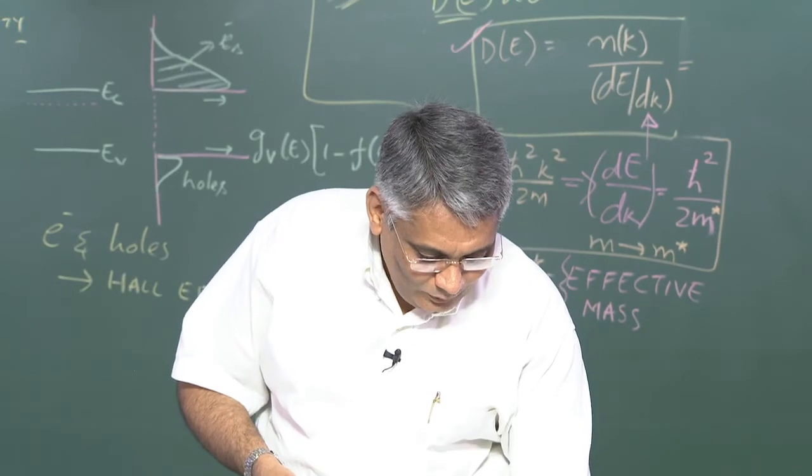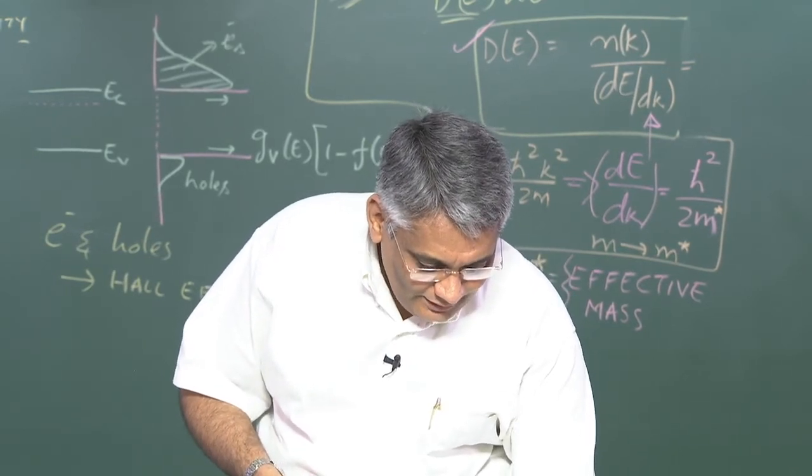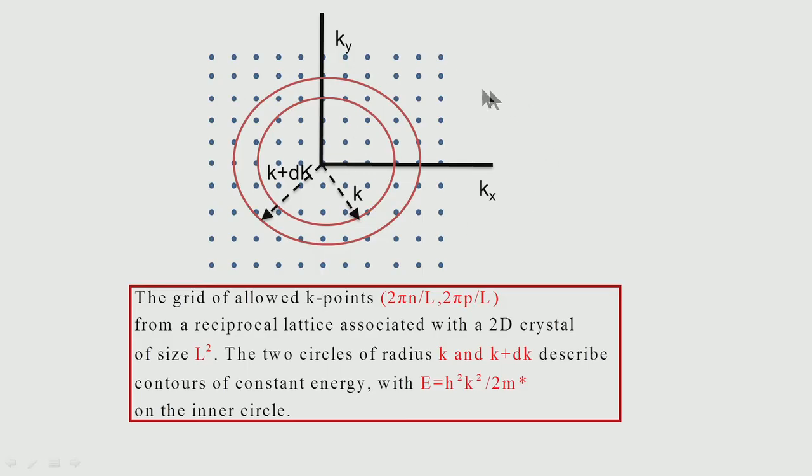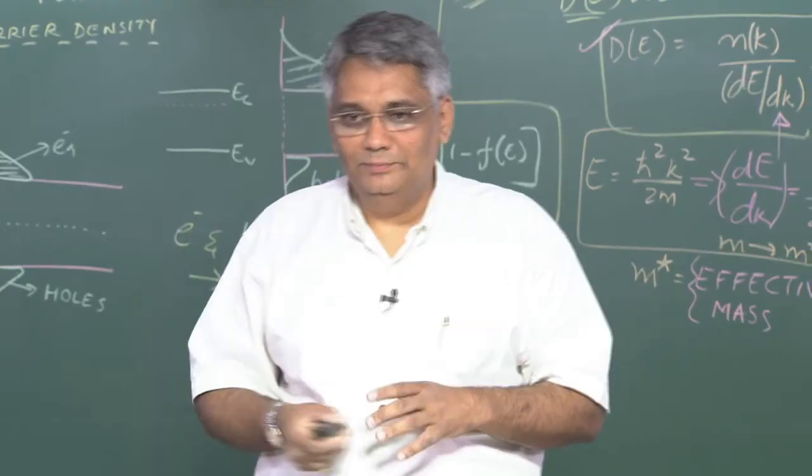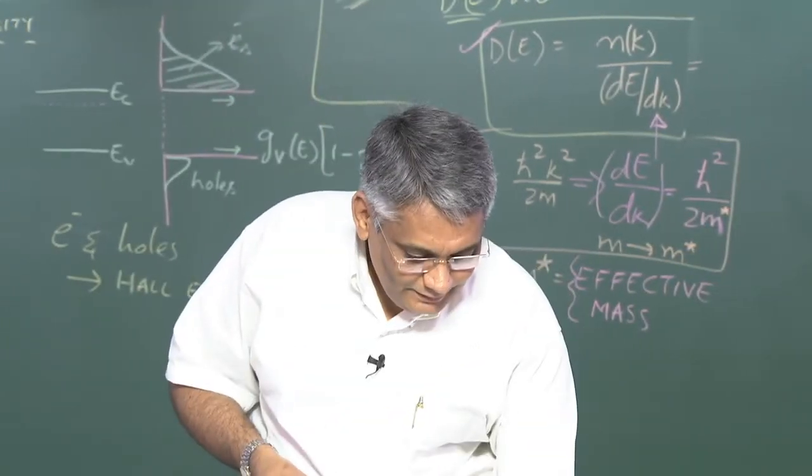Now, let's look at a grid like this, which we call a reciprocal lattice. Even if you don't know what a reciprocal lattice is at this point in time, don't worry. Now, this grid represents the allowed k points, and each k point is represented by 2 pi n by L and 2 pi p by L, where n and p are integers.